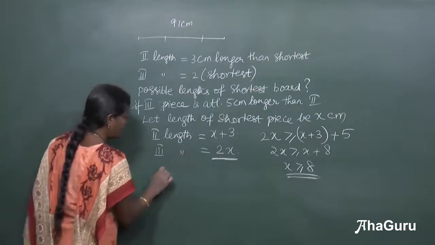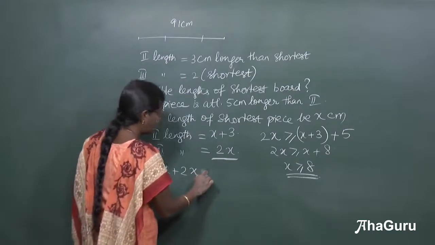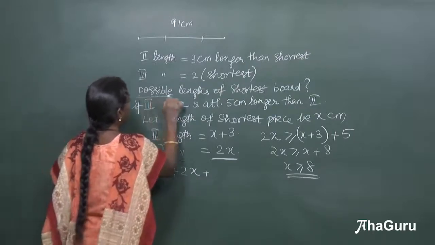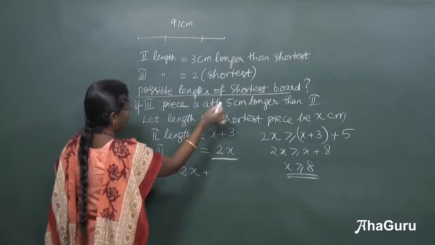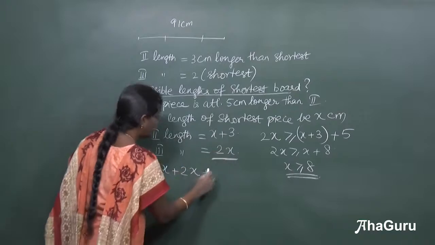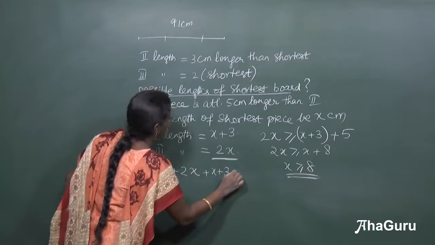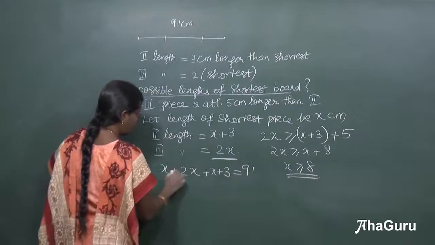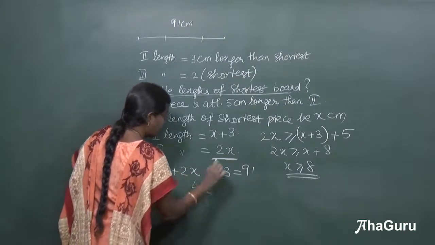One was x, the other one was 2x, and the other one is x plus 3. The question was possible lengths of the shortest, which we took as x, right. Now, this should be equal to 91. We will just try solving it. What do I totally get here? This is 4x, right.